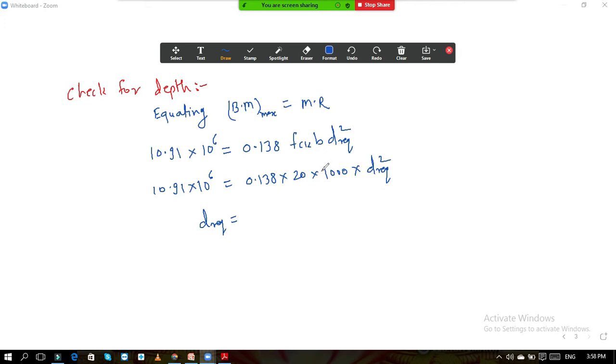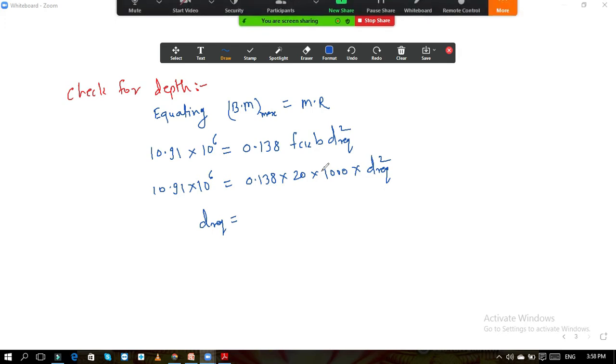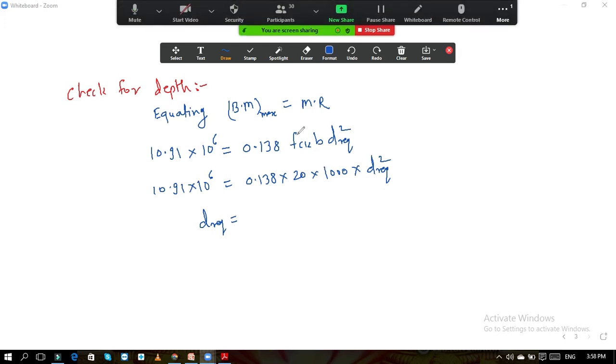So design load means W into L is the design load. Okay, and multiply it by span. So W into L again. So it will come WL square. Okay, and it is one way continuous slab. Here no formula is applicable like WAB by L, WL square by 8, WL square by 12. These formulas are not applicable. Because of continuation of the spans, the bending moment will get distributed.